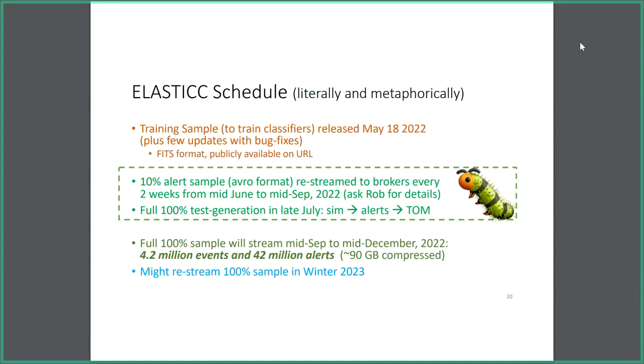It's about 90 gigabytes compressed, so it will be several hundred gigabytes uncompressed. And depending on how things go, we might restream again in the winter of next year if people feel like they didn't have things debugged well enough and they want another chance. And that's all I have.